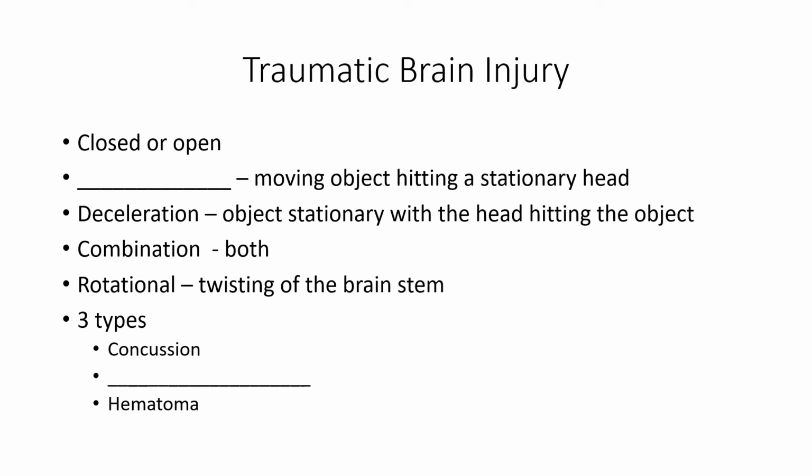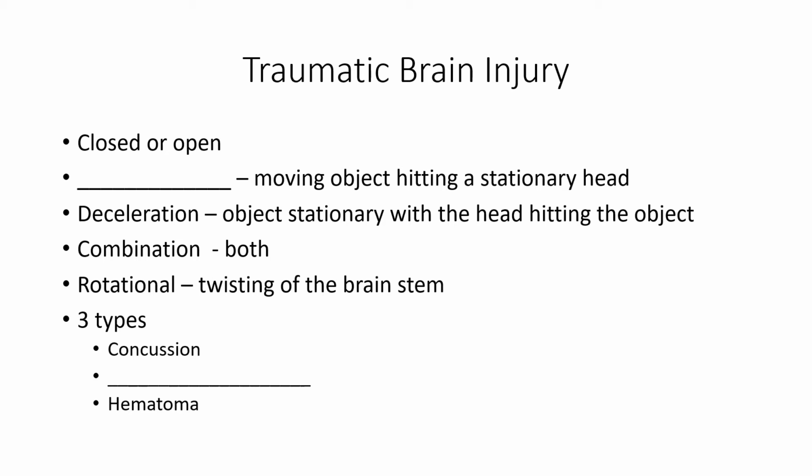A combination of both would be getting hit with a ball or a bat, and then you fall and hit the ground. So you're getting hit with an object and also hitting an object on the way down. Rotational is the twisting of the brainstem. This is usually seen in T-bone accidents.